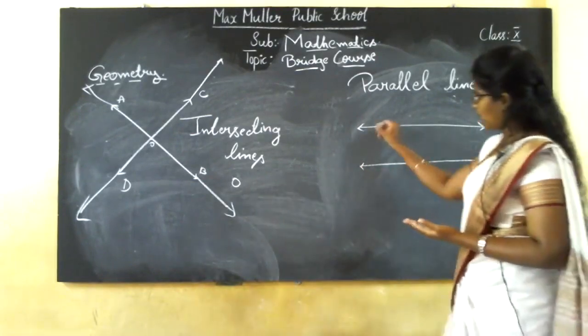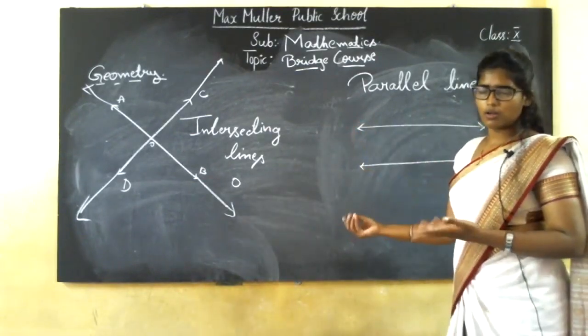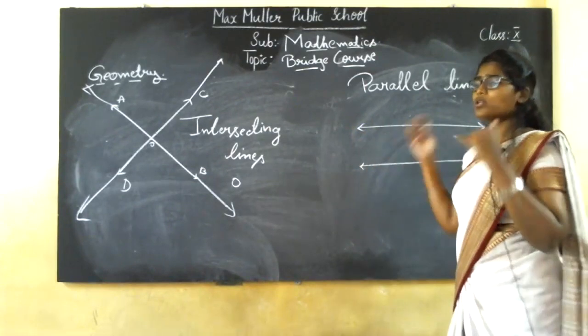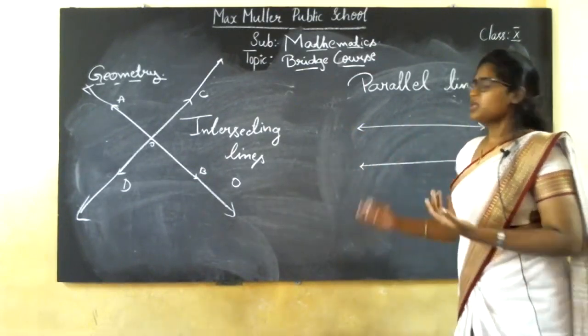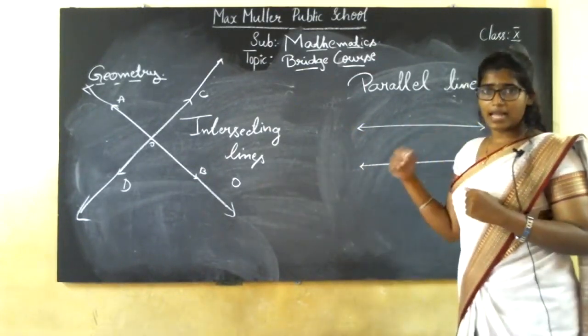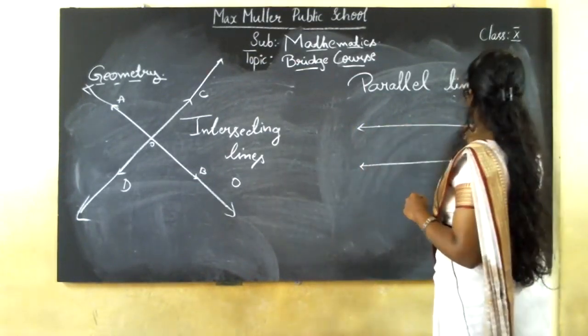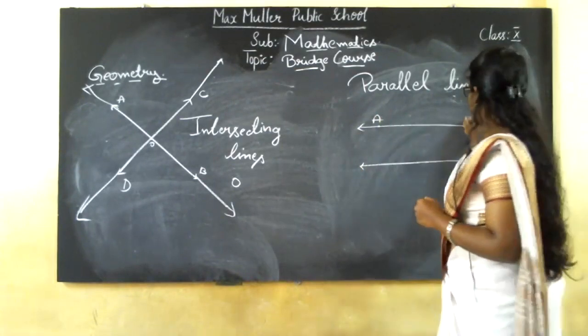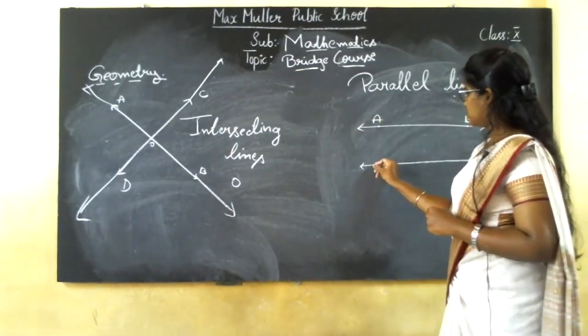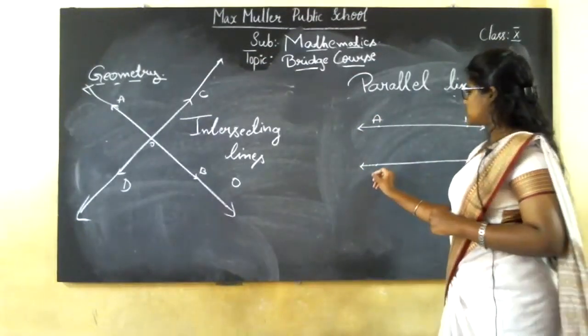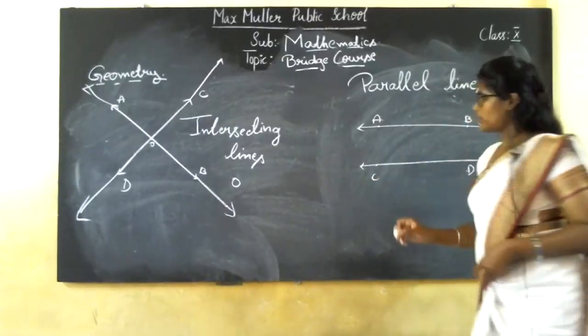Do you think they are meeting anywhere? No, they are not meeting anywhere. When two lines are not meeting anywhere, such lines are called parallel lines. Clear? So if I have a point here, so AB and CD. How are you going to represent it?